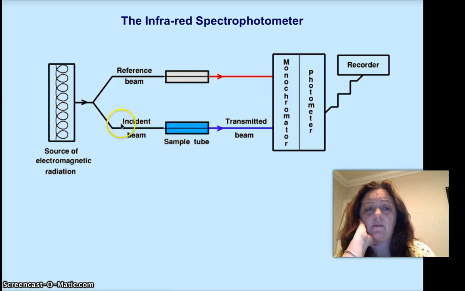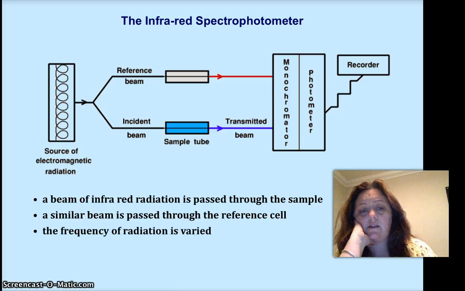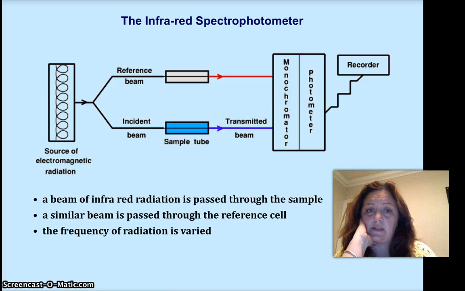Some of this infrared will be absorbed by the sample, and so some of that frequency will not pass through the sample, so it isn't in the transmitted beam which is going to be analysed.